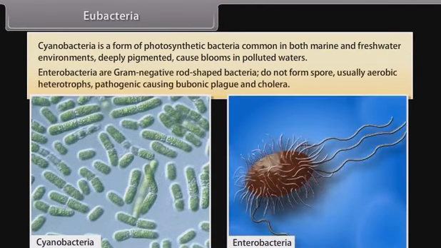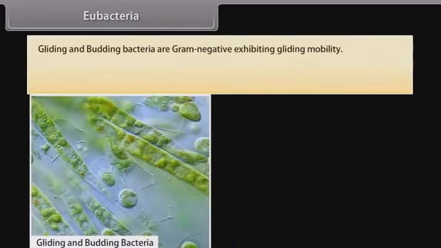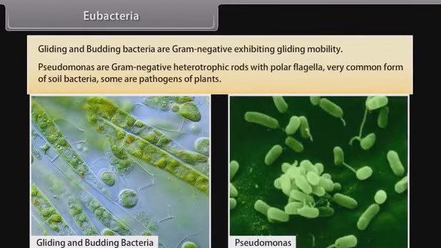Enterobacteria are gram-negative rod-shaped bacteria, do not form spores, usually aerobic heterotrophs, and pathogenic, causing bubonic plague and cholera. Gliding and budding bacteria are gram-negative, exhibiting gliding mobility. Pseudomonas are gram-negative heterotrophic rods with polar flagella, a very common form of soil bacteria.